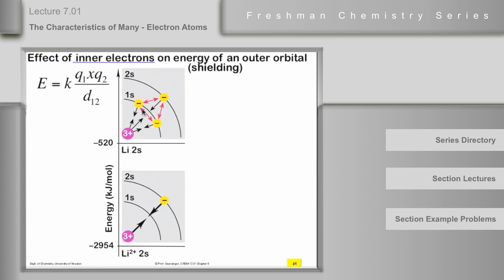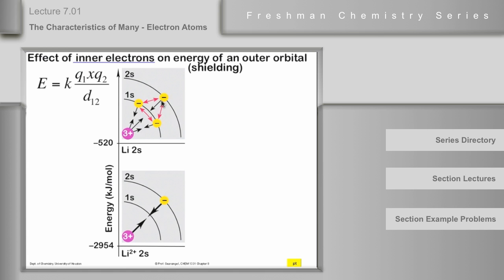The three electrons will each be attracted to the nucleus, and the difference will be in the distance. The ones in the 1s are closer to the nucleus, and the one in the 2s is further away. But then there will be three different repulsive effects, too.